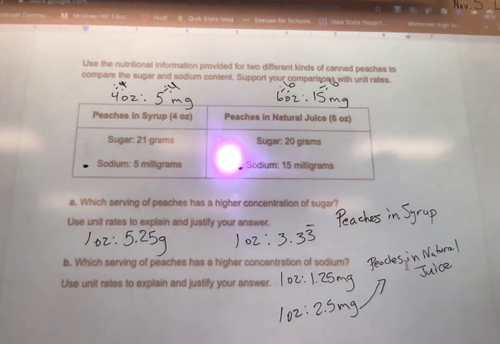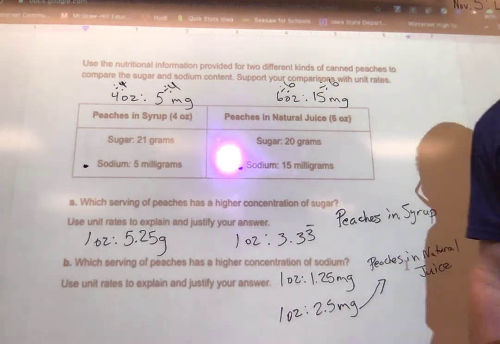It has double the amount of sodium or salt in it, and too much sugar, too much salt over time can be bad for you. So definitely need to be looking at labels if you have to watch your salt and your sugar intake. You can do some math calculations with unit rate to see how much sugar and sodium you're ingesting.